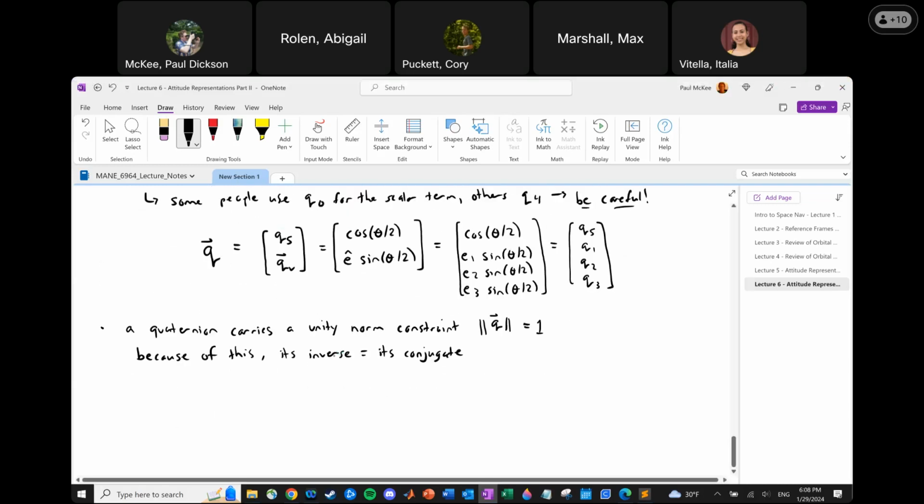So the quaternion inverse is the conjugate, which is the conjugate operation, divided by its norm squared. But remember that the norm of the whole thing is just 1. So we have the conjugate divided by 1. And this is the same thing as Q scalar, negative Q vector.